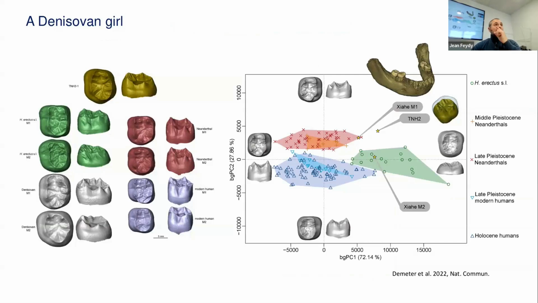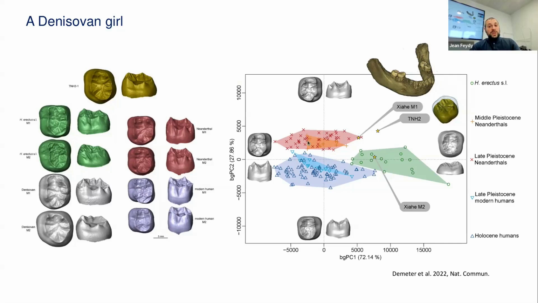And just after we found the tooth, there was a publication of this mandible in Nature announcing that it's a Denisovan. Before that, we had no idea what the molar of a Denisovan looked like. And this was very fortunate because, as you can see, the first molar of this individual was very close to our specimen from Laos.